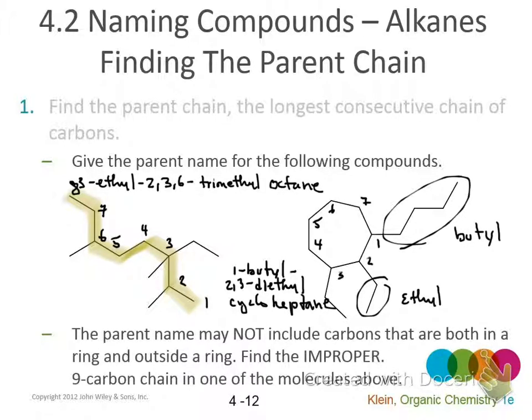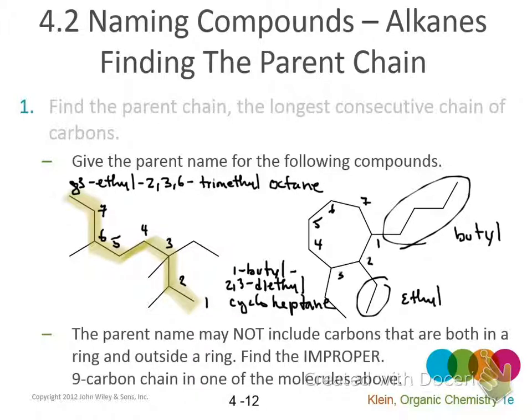So how's that a 9-carbon chain? This is a 9-carbon chain on the bottom. Wait, are we on the same molecule? Oh, did you count this? No, like what's sitting on the bottom, the 9-carbon chain. I was confused by that. Oh, yeah, sorry.